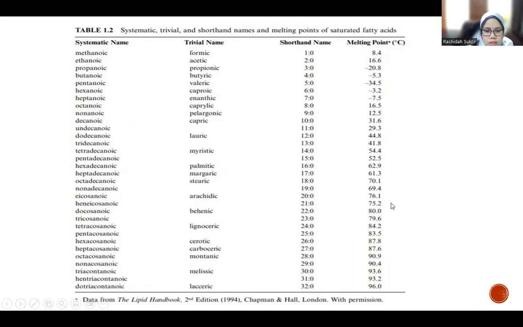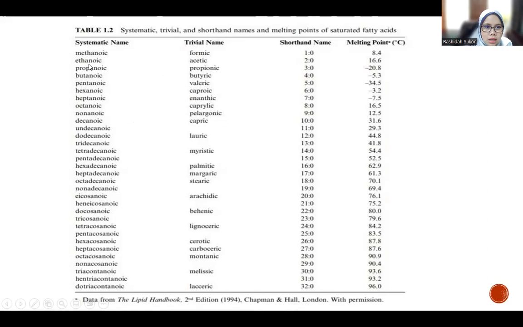I'm not sure if you can see this paper. This is from the Lipid Handbook, Chapman and Hall. This is the systematic name and the trivial name, and this is the number of carbon, 1 carbon, 2 carbon. Methanoic acid is formic acid, carbon 1.